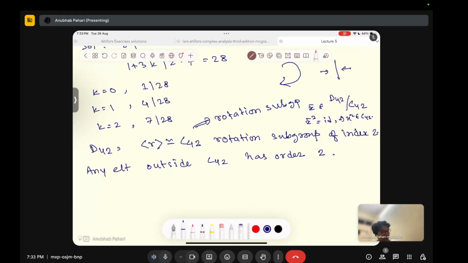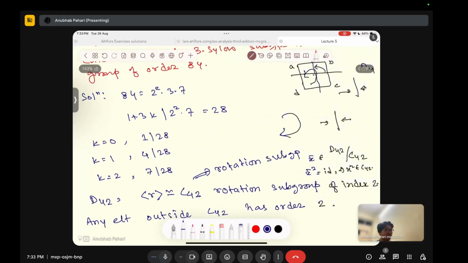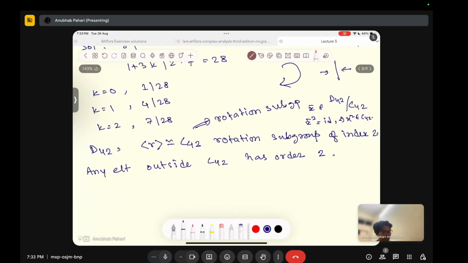Okay. There is also another method to show that any element outside C42 has order 2. Let x belong to D42 minus C42. This implies x bar is not equal to E bar in D42 by C42.